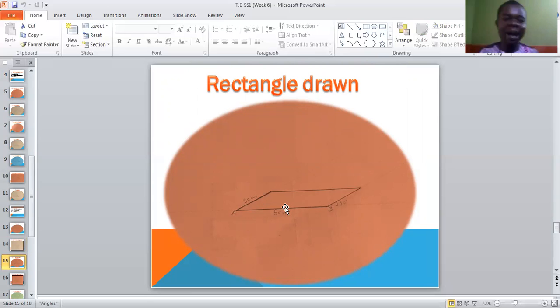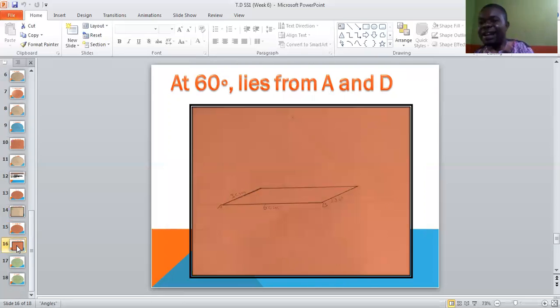Make it bold. After drawing the rectangle, you must be used to how to draw the rectangle and how we start. After the rectangle is drawn, the next thing is for you to use the 60 degrees set square. You see the way the thing is bending as if it's pushing off. That is at A and B respectively. At A here, you draw it with the 60 degrees set square, as we have done the other things.